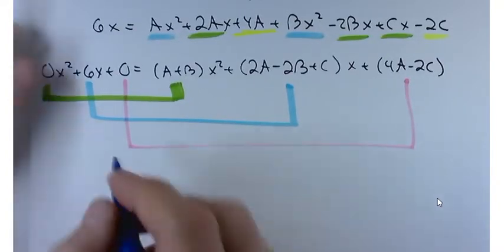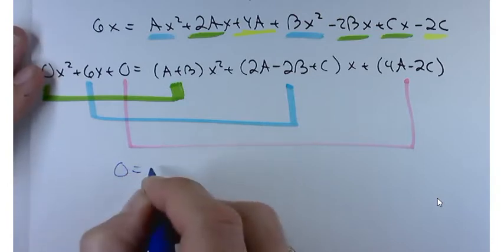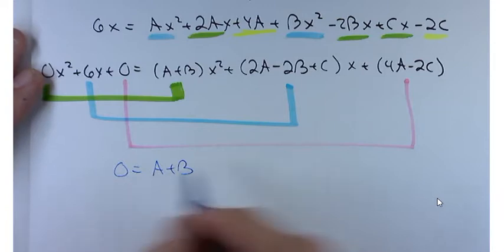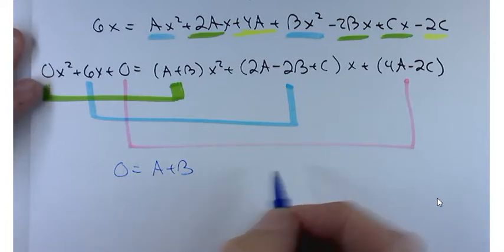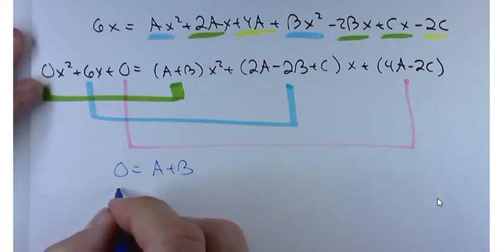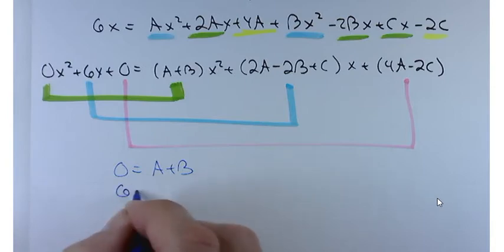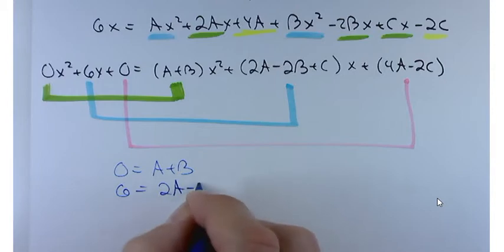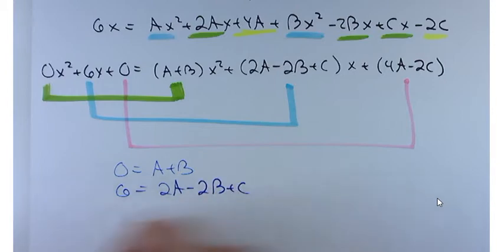So my system of equations is this. 0 equals A plus B. What's the second equation? 6 equals, thank you, 2A minus 2B plus C. And finally, 0 equals 4A minus 2C.